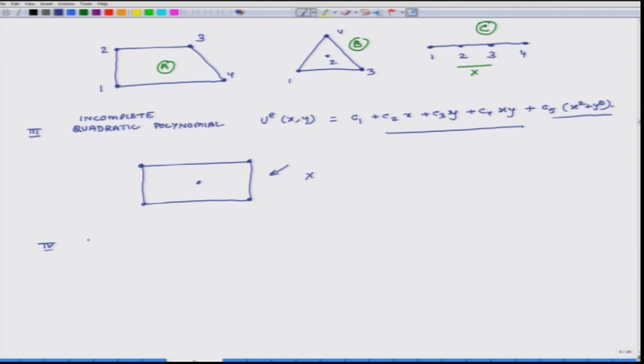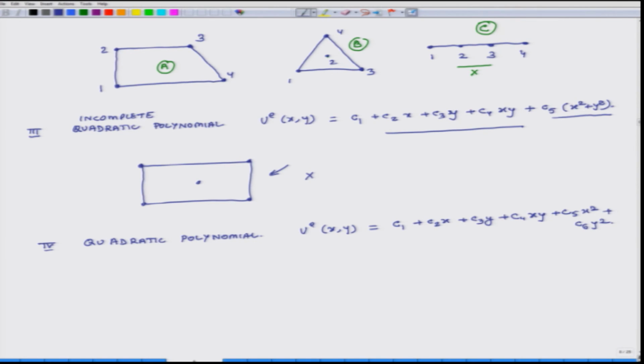Fourth case could be a complete quadratic polynomial. Okay. So, here u^e of x, y equals C1 plus C2x plus C3y plus C4xy plus C5x square plus C6y square.